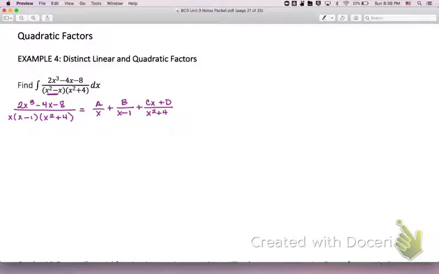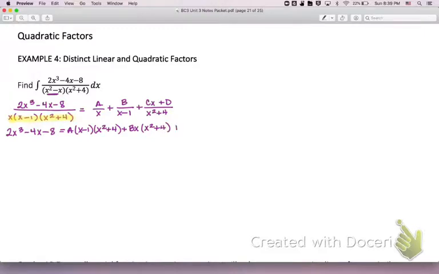But the process from this point now, it's just the setup that's different. The process is exactly the same. So we're going to multiply through by x times x minus 1 times x squared plus 4. That leaves us with 2x cubed minus 4x minus 8 equals, x cancels out and we're left with A times x minus 1 times x squared plus 4, plus, this one's going to have everything but the x minus 1.